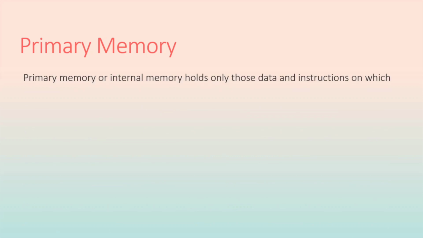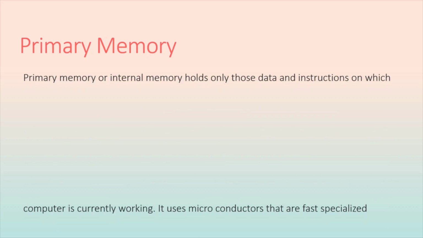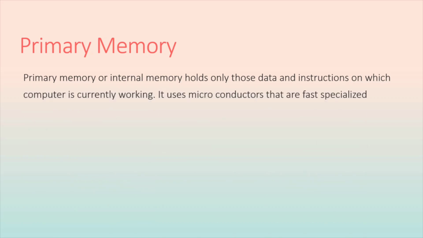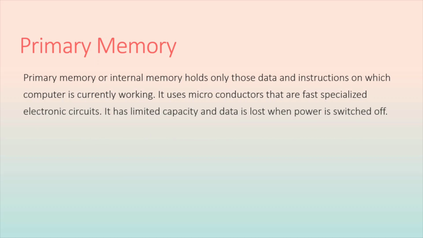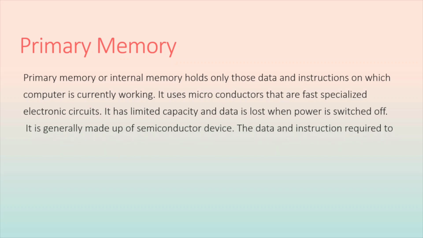Primary memory. Primary memory or internal memory holds only those data and instructions on which the computer is currently working. It uses microcontrollers that are fast specialized electronic circuits. It has limited capacity and data is lost when power is switched off. It is generally made up of semiconductor devices.